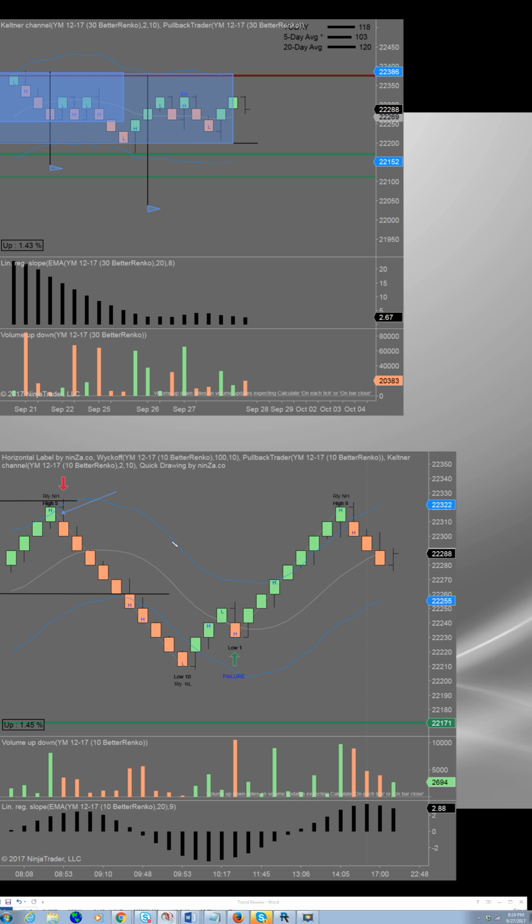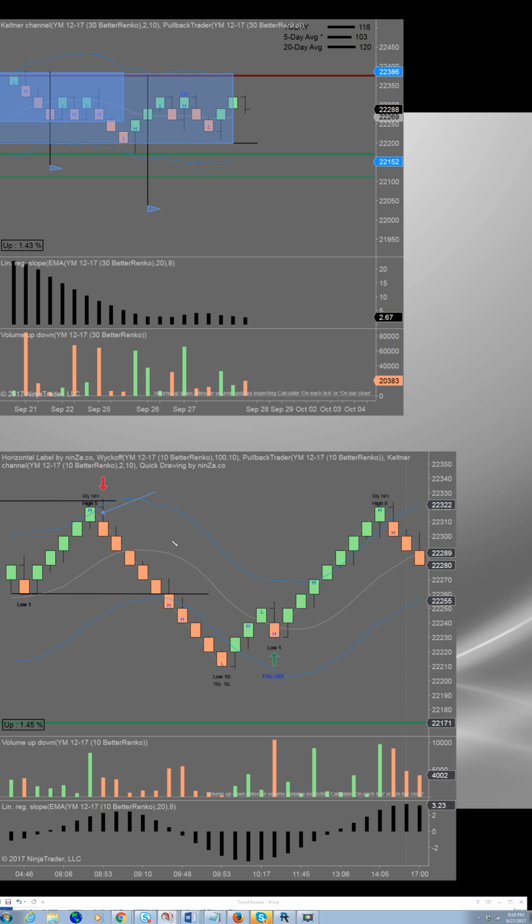So really, this trend review is about seeing at least three things. One is, how does a move end? How does a trend end, or how does a rally end? How does a wave end?